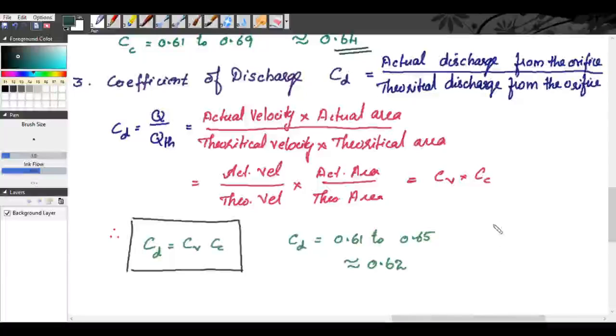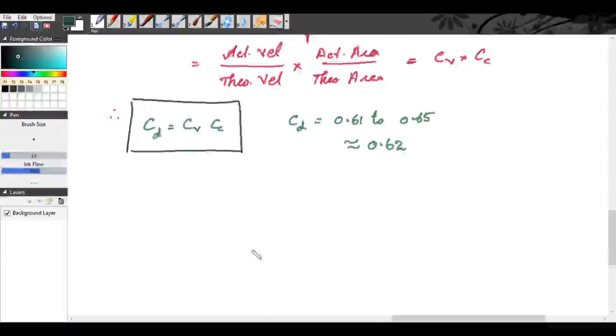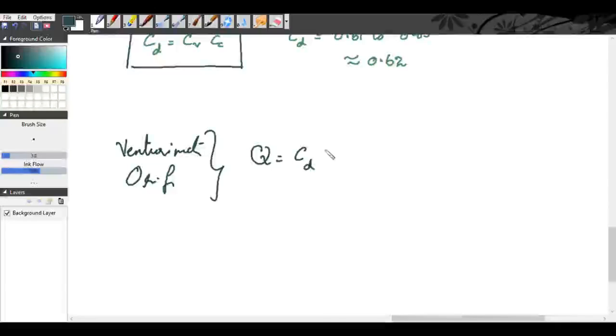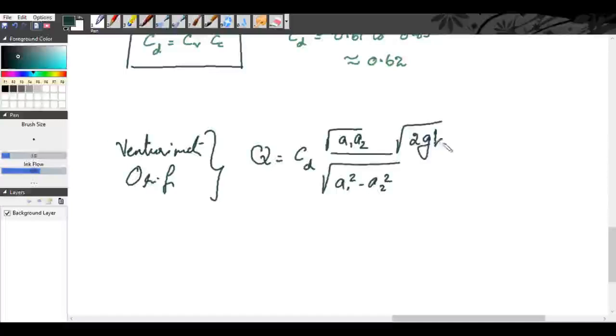Thank you for today. So remember what we have studied so far. For Venturi meters and for orifice meters, the discharge is equal to Cd into root of A1 A2 by root of A1 square minus A2 square into root of 2GH.